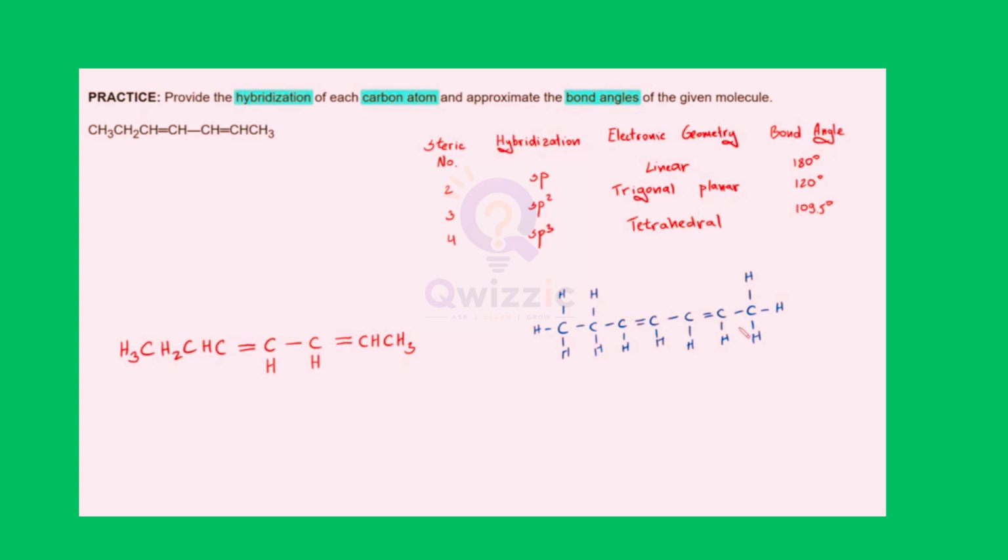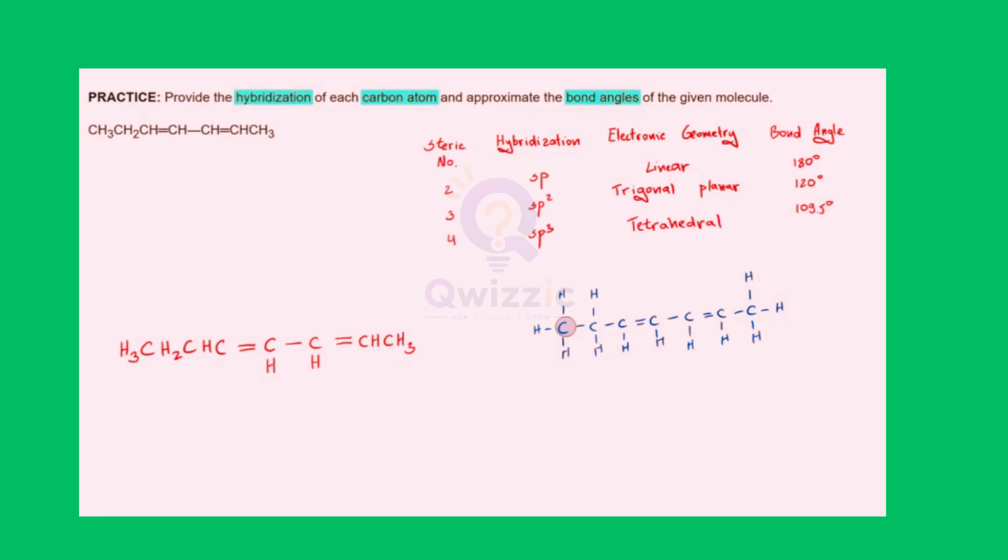Okay, well done. So now we have depicted all of our carbon atoms. We have 1, 2, 3, 4, 5, 6, 7 total. And each carbon must have 4 bonds. So starting with the first one, we notice that this carbon has 4 electron regions, or basically 4 single bonds, which is represented by a steric number of 4.